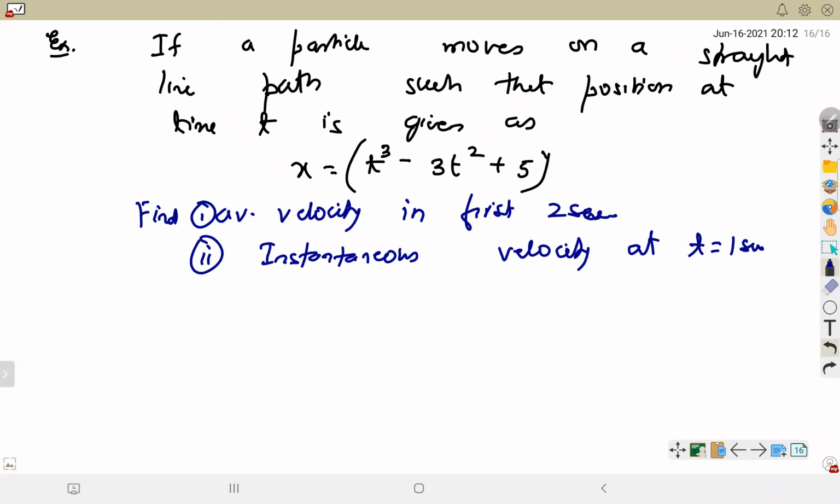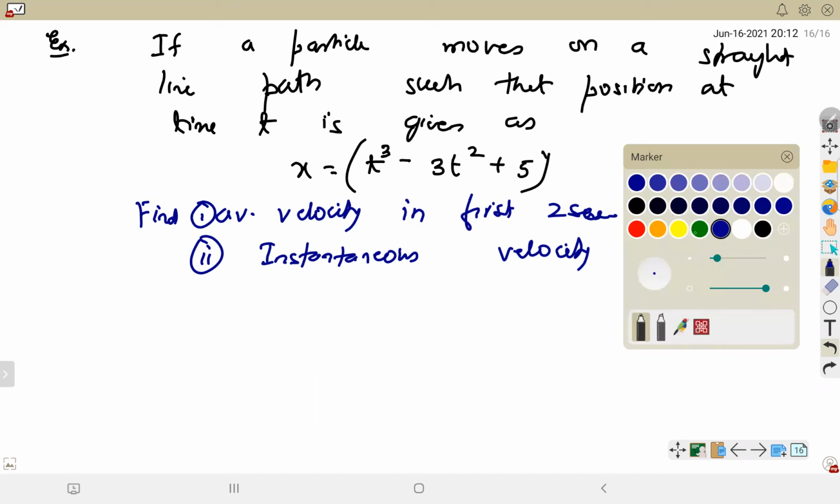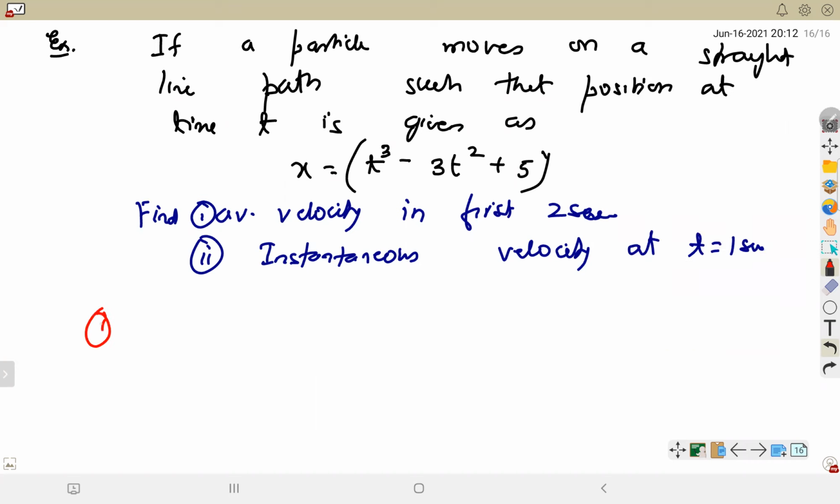Method is same, बस यहाँ पर हमें displacement calculate करना है. In the last question, the path length covered in time t was given. Here it is the position at time t. That position is changing. Average velocity is total displacement by total time, delta x by delta t.